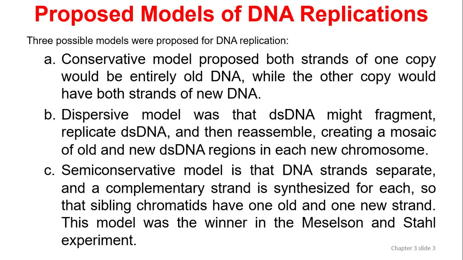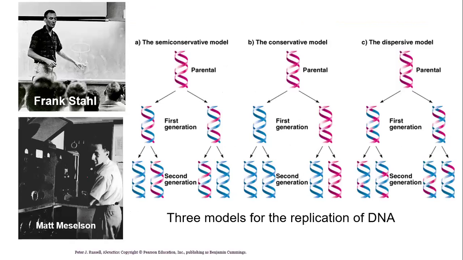Three ideas were proposed: the conservative model, which was eventually rejected, but through the experiment of Meselson and Stahl, they were able to establish the fact that this particular process actually occurs. Now, this is Matthew Meselson, and this is Franklin Stahl, and these are the ideas that we were talking about earlier on.